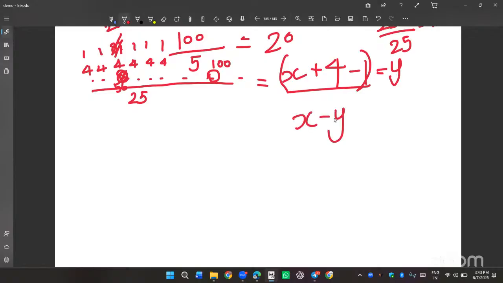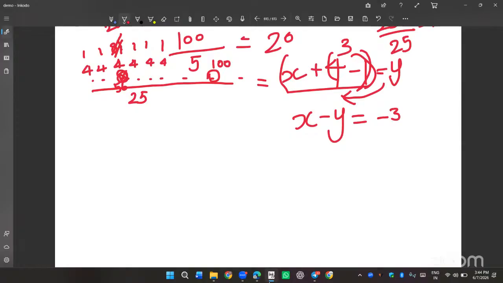X minus Y. So this Y will come this side. 4 minus 1 is 3. 3 will go that side. But that 3 will be minus 3.